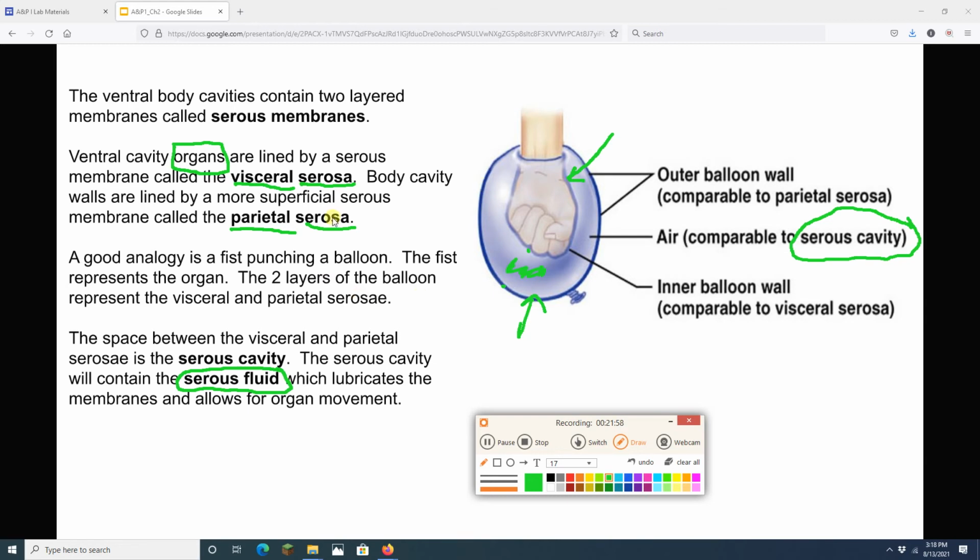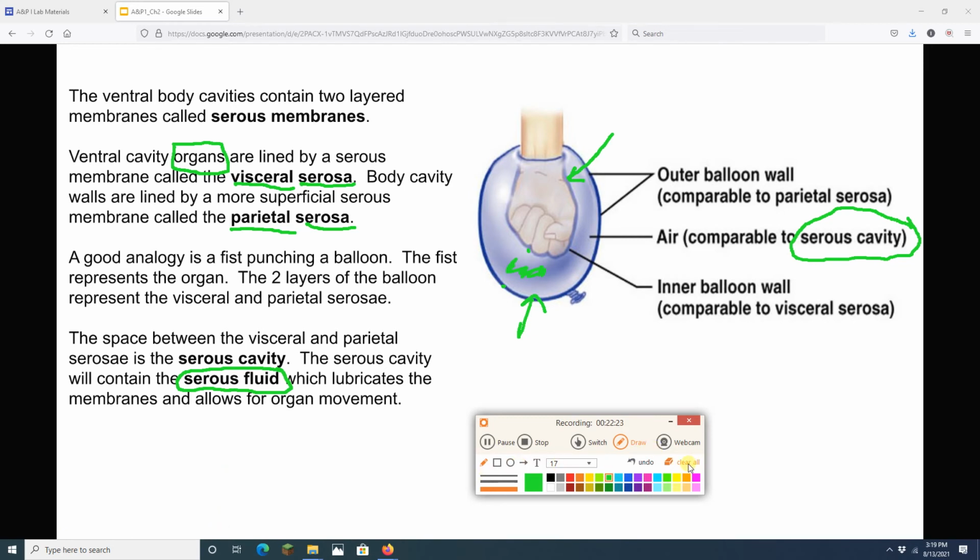And serosa refers to the fact that these membranes make a liquid. And we find that liquid in this space here. The liquid is called serous fluid, and the space is called the serous cavity. Okay. I know I'm throwing a lot at you here. We're almost done. Don't worry. Couple little more things, all right?